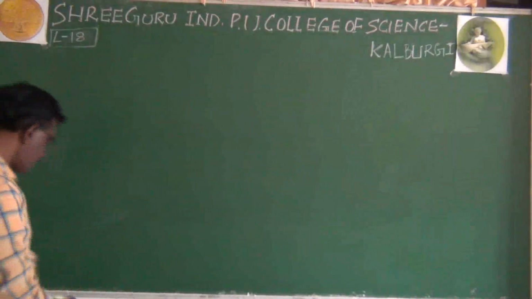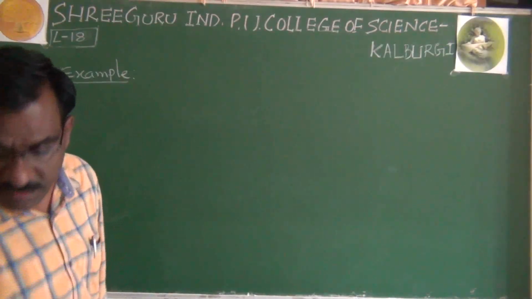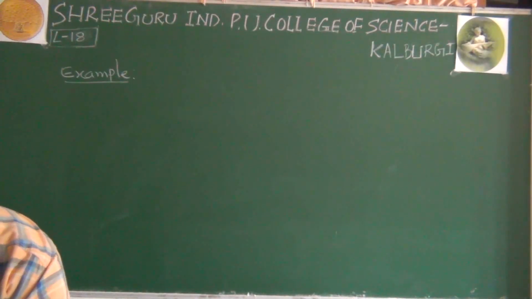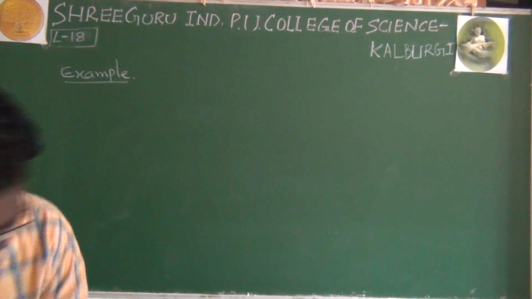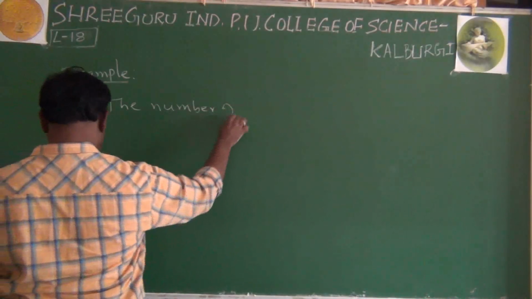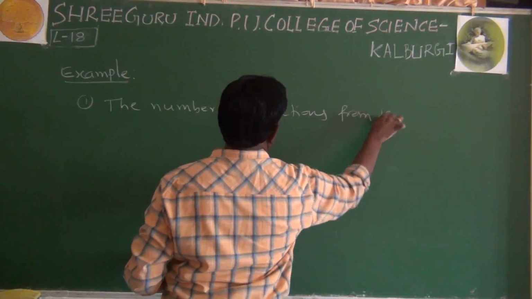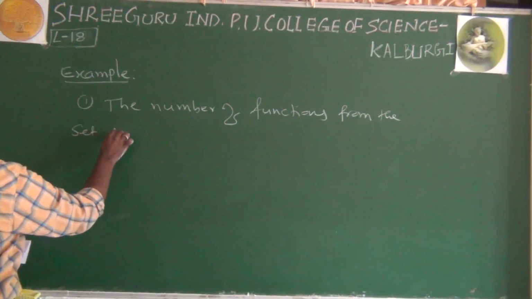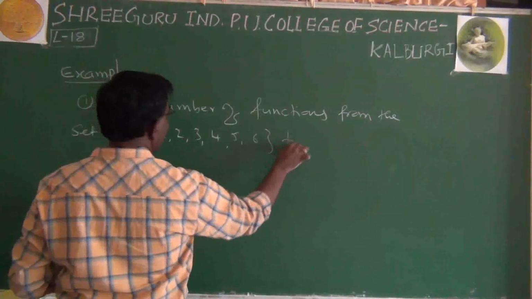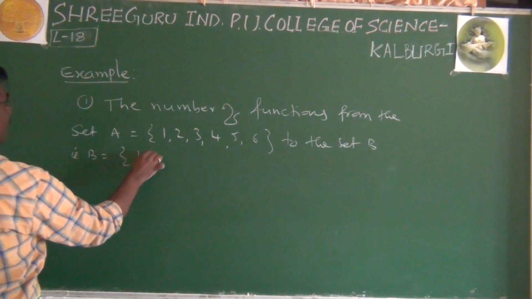So just 4 to 5 problems I'll start. Example: the number of functions from the set A equal to {1, 2, 3, 4, 5, 6} to the set B, that is B equal to {1, 2, 3, 4}.